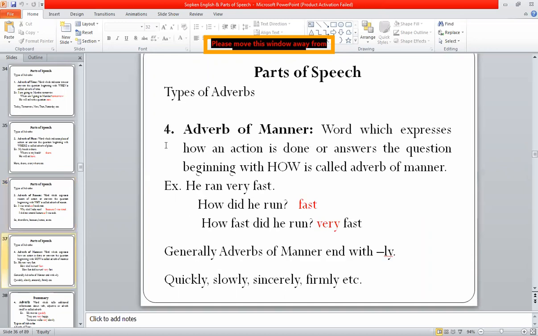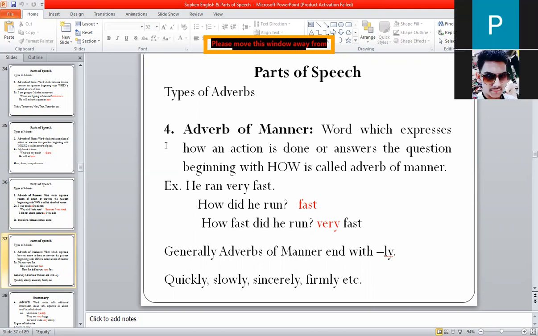Then the next is adverb of manner. In what manner or how an action happened, that we show with the help of this type of adverbs. Adverb of manner expresses how an action is done or answers the question beginning with how.